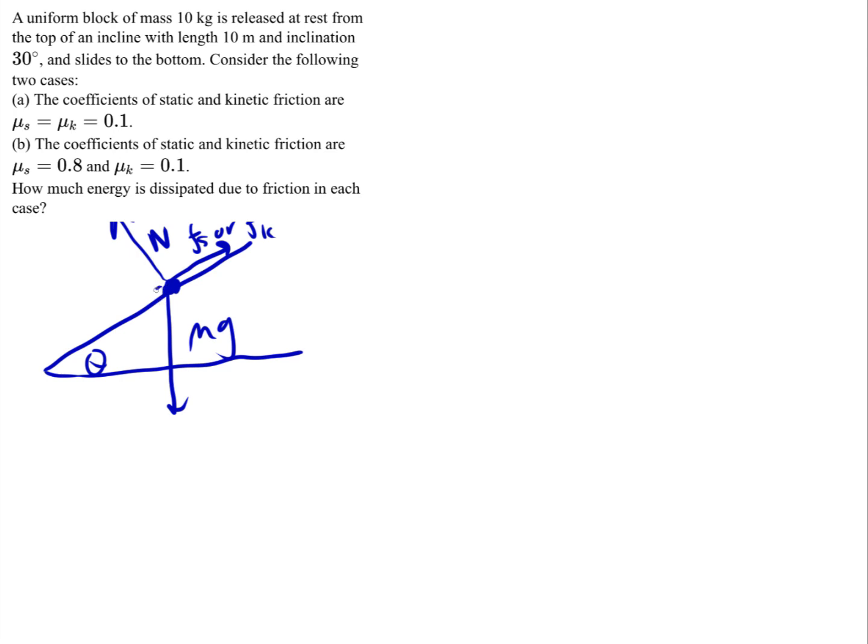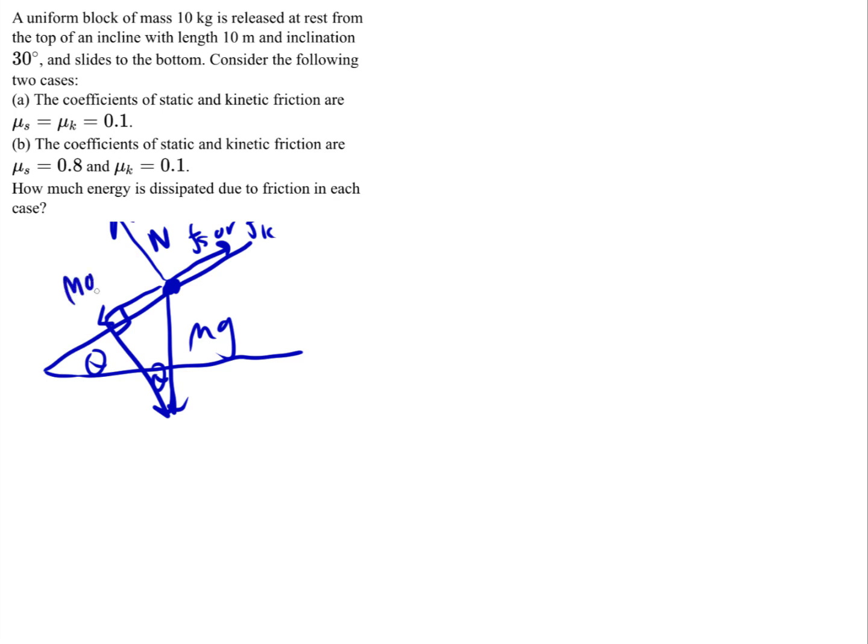So the friction must be opposing something, and that is the force of gravity parallel to the inclined surface, and that makes a right angle with the force of gravity perpendicular to the incline's surface. These two form a right triangle. This is the angle theta.